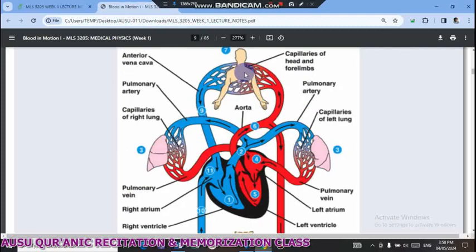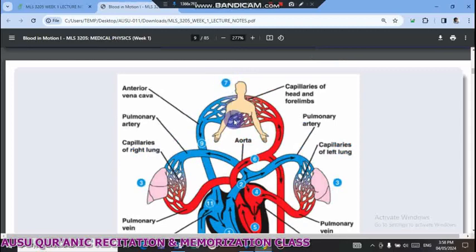This one too that goes up, you see, is given the number 7. You see, it goes to our 2 hands, our chest, our head. Then all the organs there, the system we have there, they will use the oxygen and the nutrient, and then the blood will now become deoxygenated, meaning devoid of oxygen, and then it comes down here.